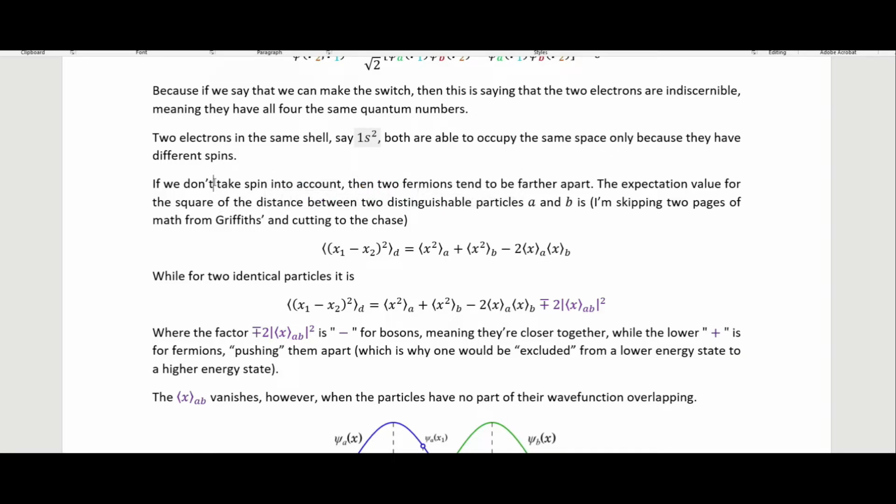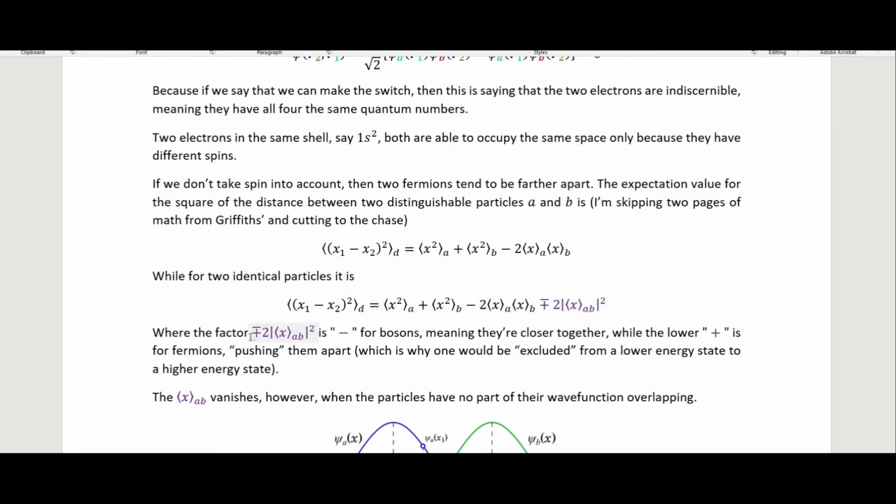I thought about putting the whole math in, but I decided it was perhaps more obfuscating than clarifying. But cutting to the chase, the distance between these two particles is this, while for two identical particles, it's this, which we see has this extra factor on the end here.